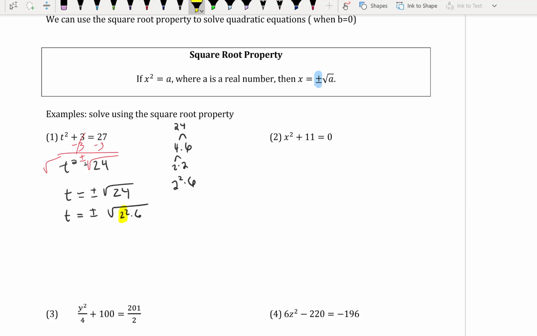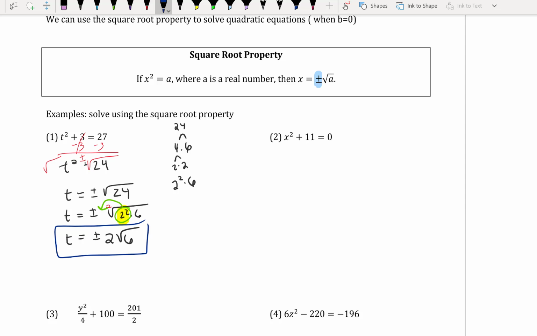And now, because I have a square and a square root, that means it can come out of that square. So now I have t is equal to plus or minus 2 square root 6. And that will be my final answer.